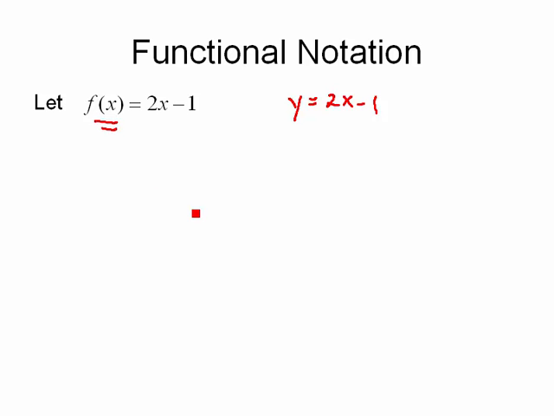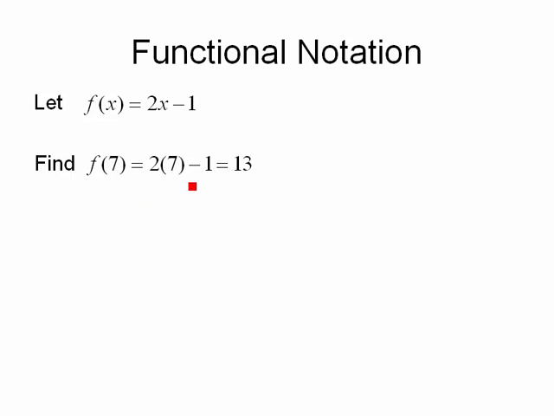So let's go ahead and use this function notation. So if I see f of 7, I know what that's trying to do is it's saying in place of x, place 7. So I get 2 times 7 minus 1. And 2 times 7 is 14, minus 1 gives me 13.